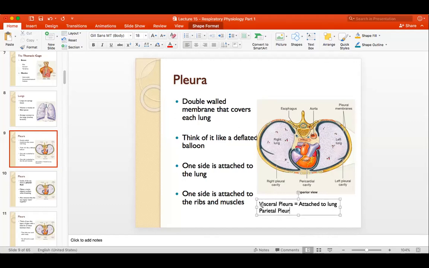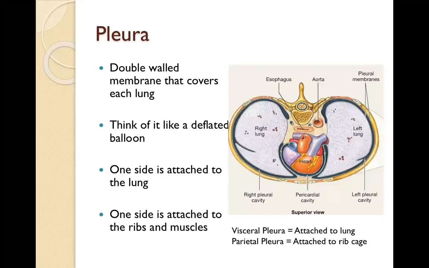You'll see this on your slides because these are the slides that I'm going to be uploading to the site. Anytime there's a covering around an organ, there's usually a double layer around the organ.